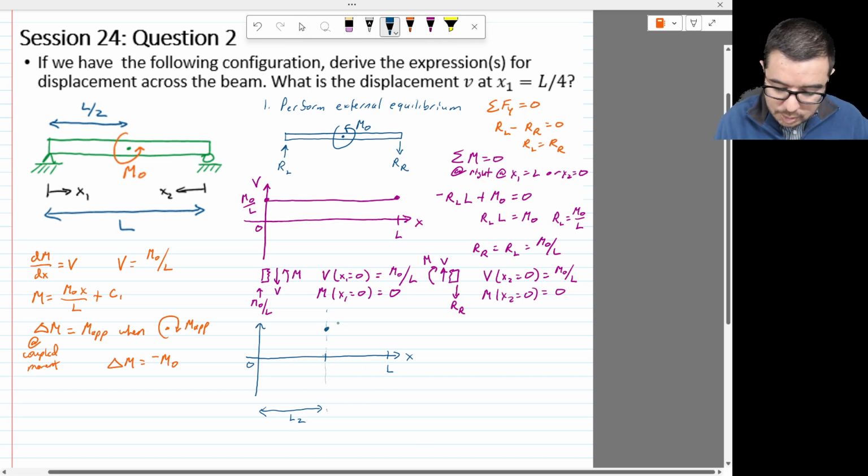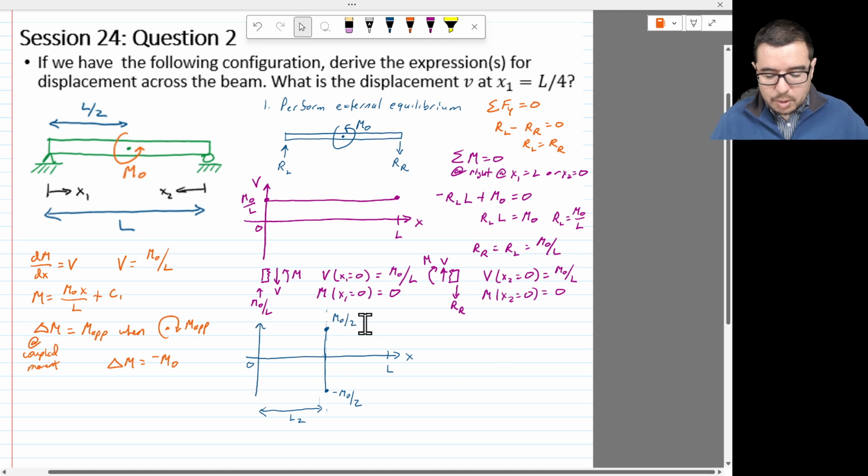So I can say by looking at it that this is what you have to get us the delta M of minus M naught. Okay, so this looks correct. But maybe you would rather have a little more rationalization for how we got M naught over 2 and minus M naught over 2.